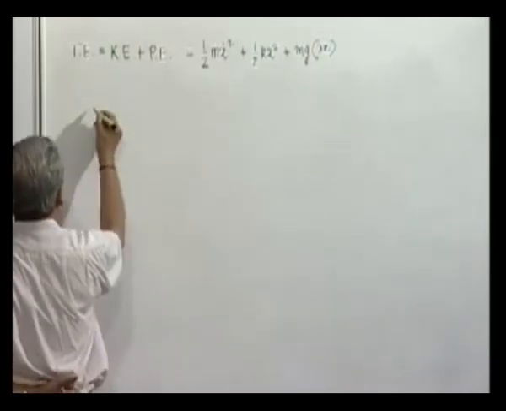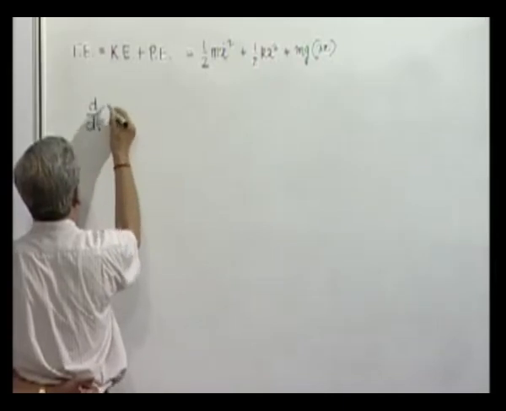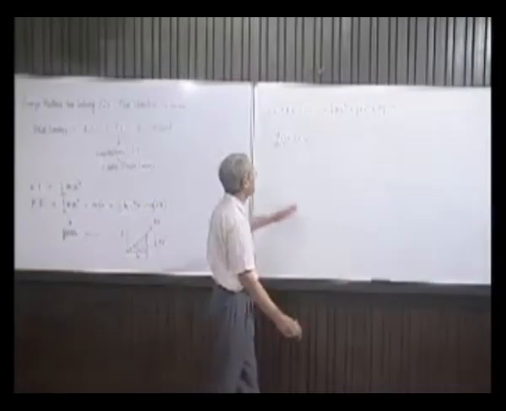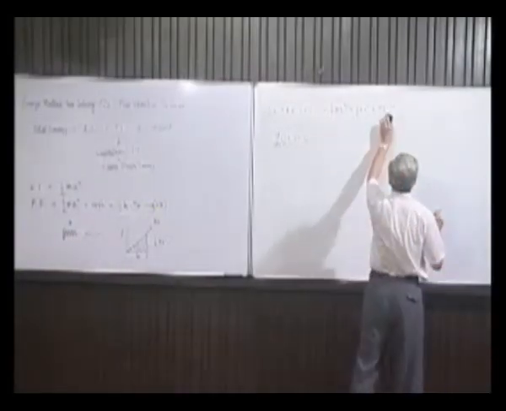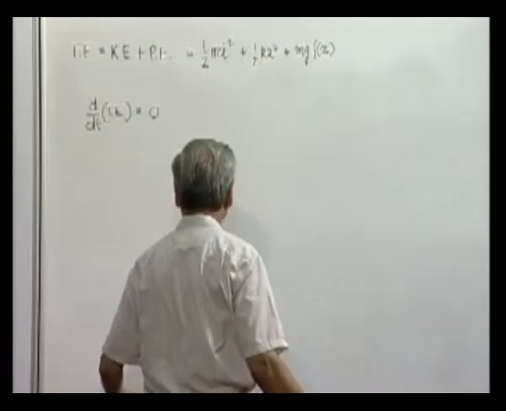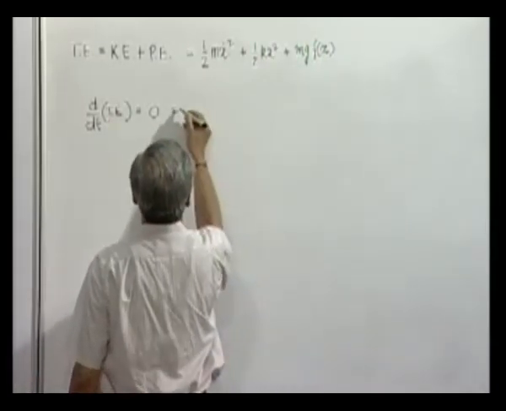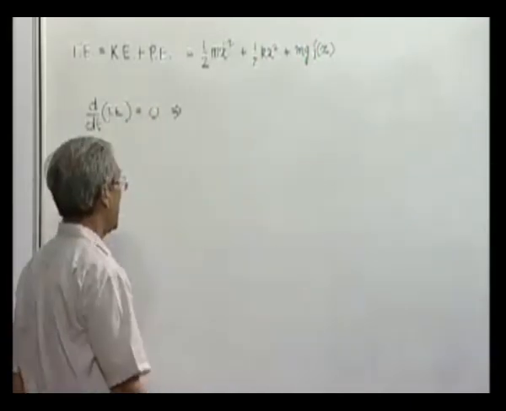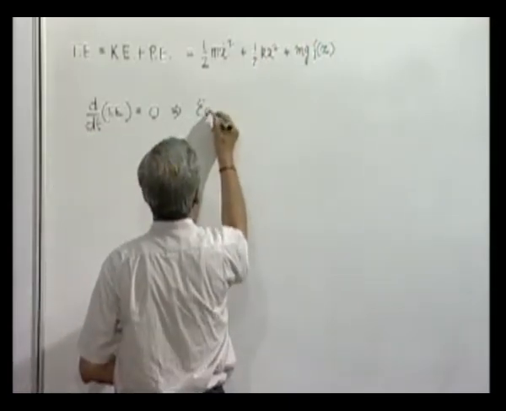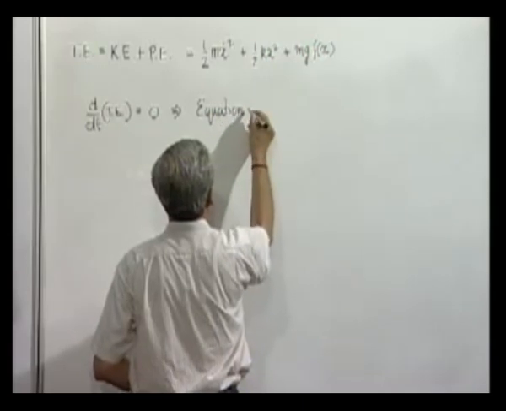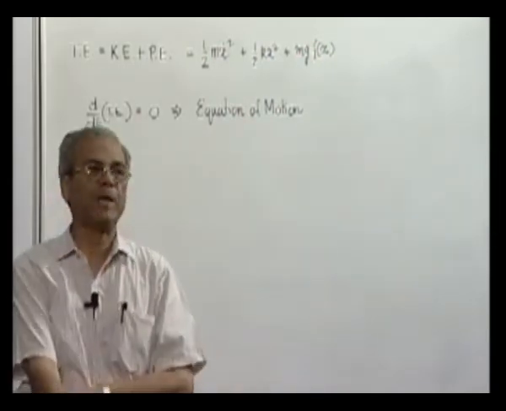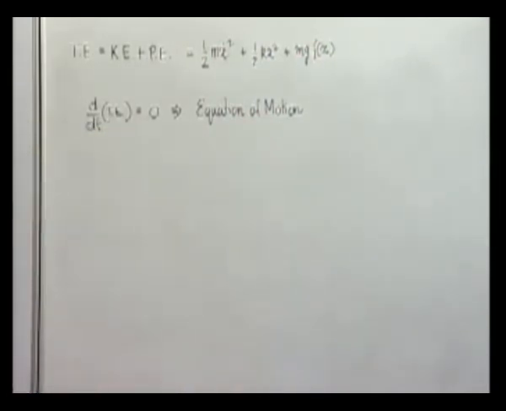We can do one thing, that d/dt of total energy is equal to 0. That is one approach. That means differentiating this, and remember that in most general situations this may be a function of x. So differentiating this, we will get an equation in terms of x and its derivative, which is nothing but the equation of motion. So we have derived the same equation of motion without taking help of free body diagram and the Newtonian approach.